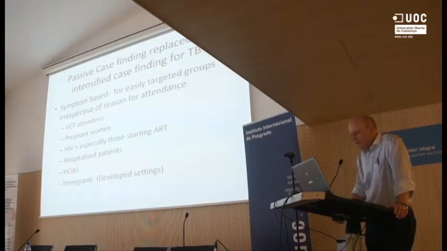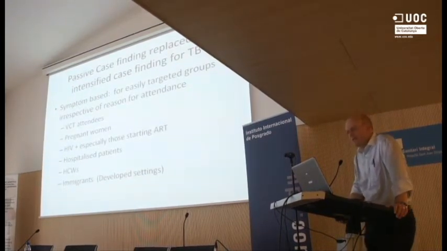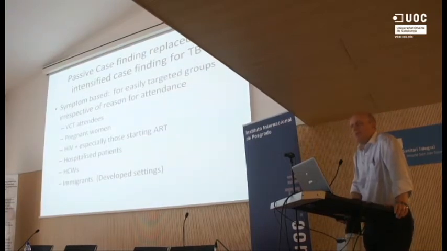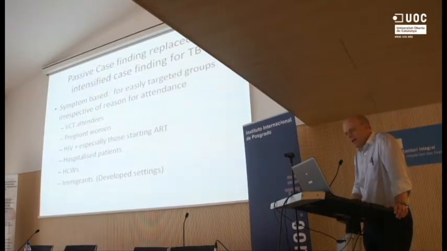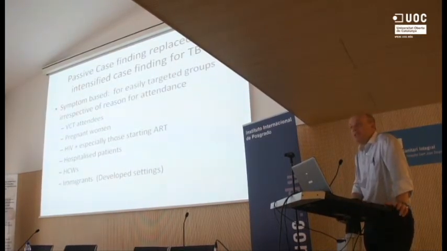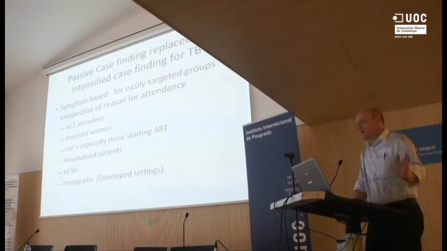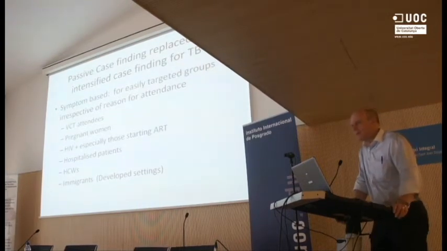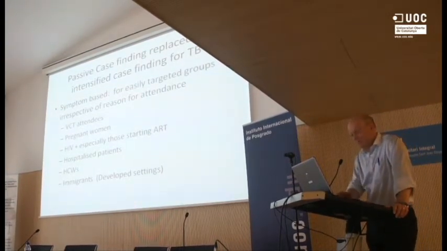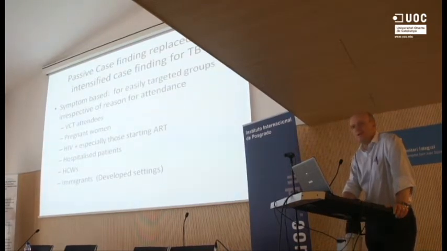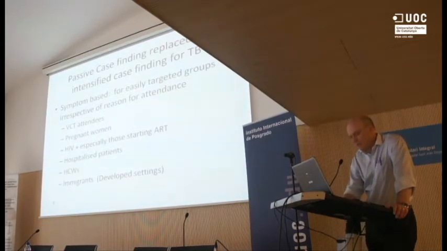So clearly, easily targeted groups that you could do this intensified case finding are people who are attending counseling and testing for HIV, pregnant women who are coming into prenatal or antenatal care, who are getting HIV tested as part of their routine care, HIV infected people, especially those who are about to start antiretrovirals, and healthcare workers, and not so much in South Africa, but I'm sure in your setting, immigrants, especially the ones from high burden countries like South Africa or India or China, are tested for tuberculosis.